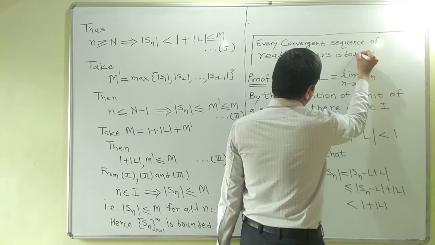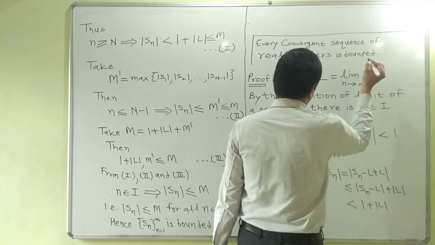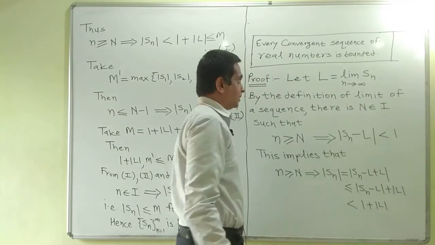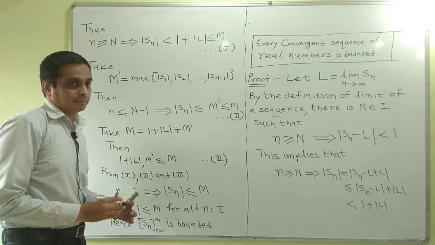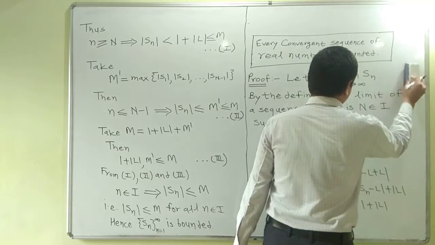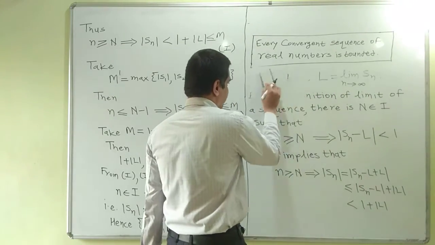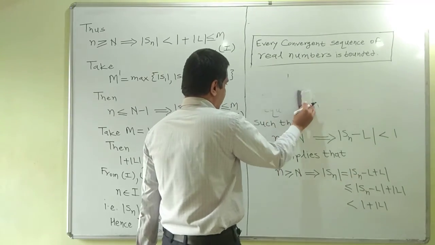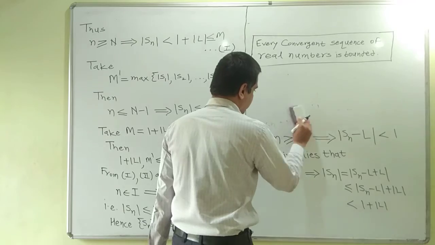The converse of this statement is not true. Every bounded sequence is not convergent, but every convergent sequence is bounded. Let us see an example for the fact that the converse is not true.